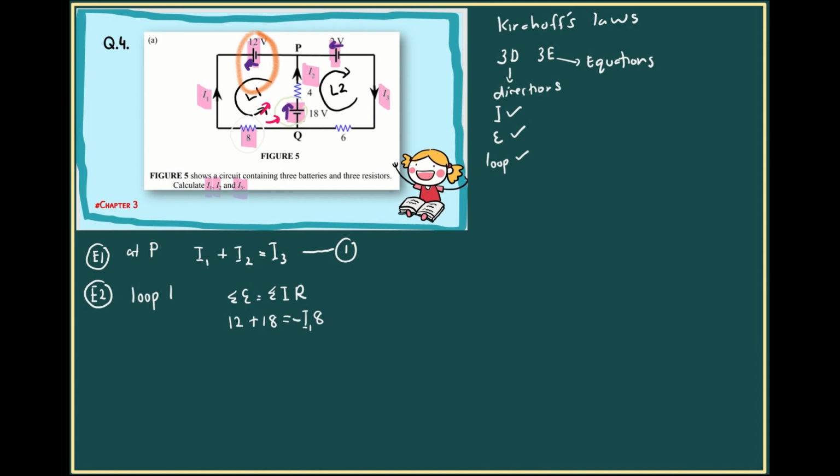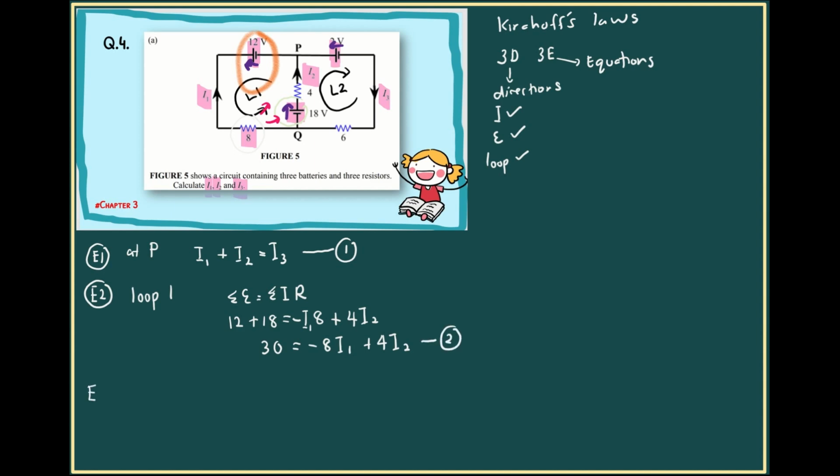And we have the 4 ohm resistor, which has a direction similar to the direction of loop, so positive 4 I2. Simplifying the equation, negative 8 I1 plus 4 I2. So this is your second equation.